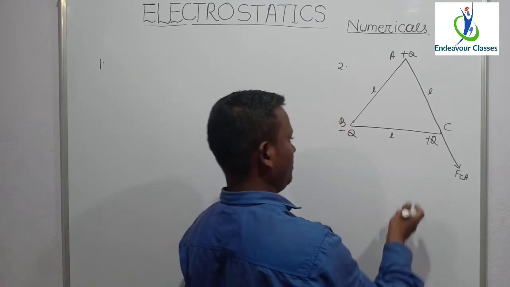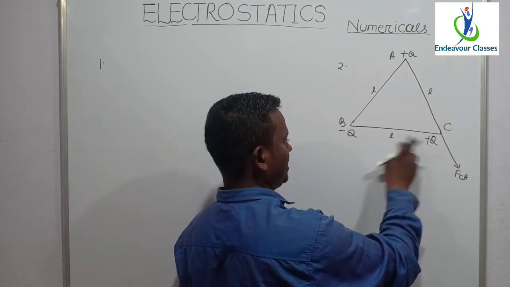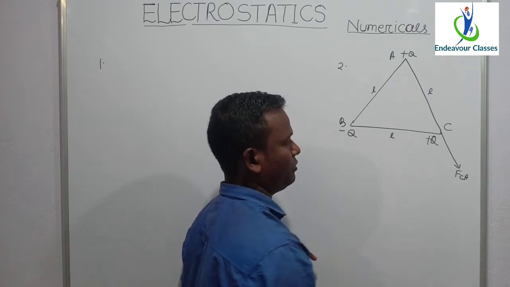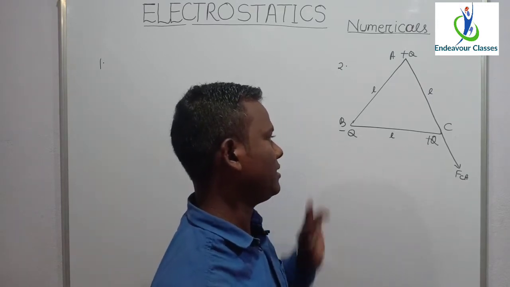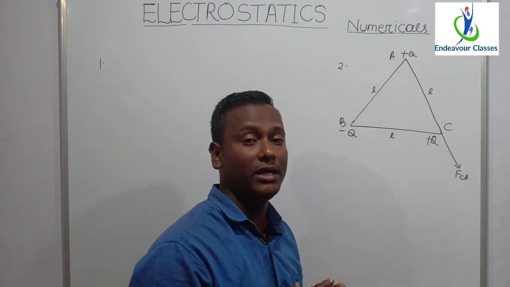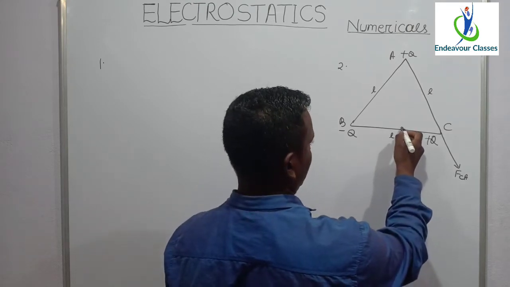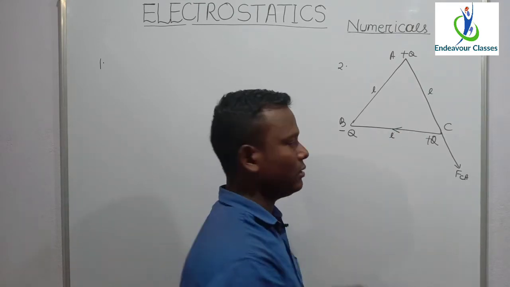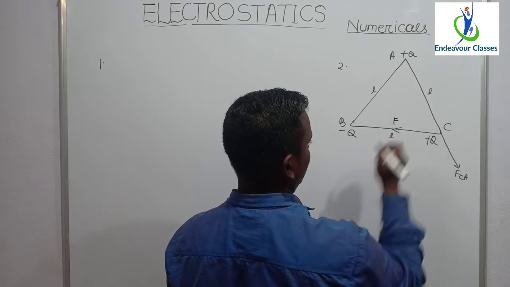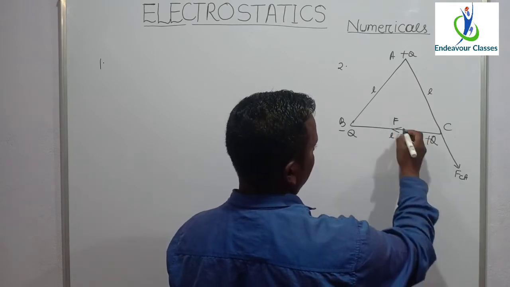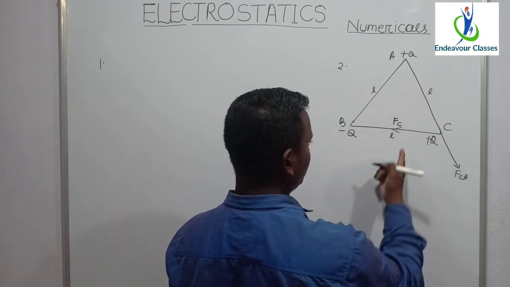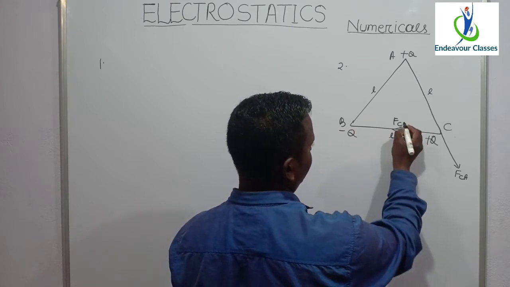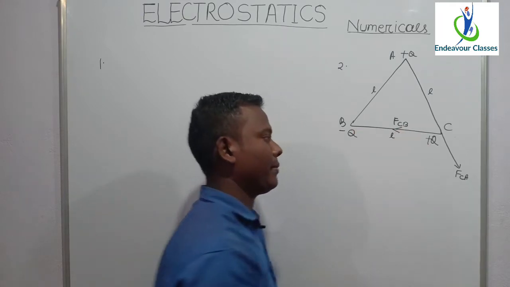And similarly, the plus q will experience another force due to the minus q, but here it is positive and this is negative, so the force will be attractive, so the direction will be along this. So this is the force on the charged particle located at C due to the charged particle located at the point B. So this is FCB.